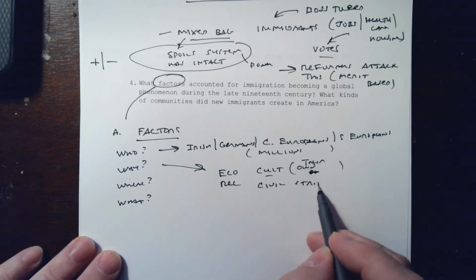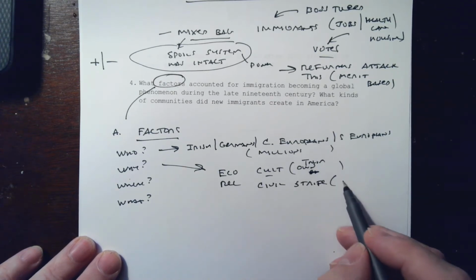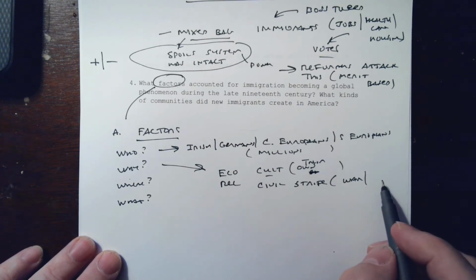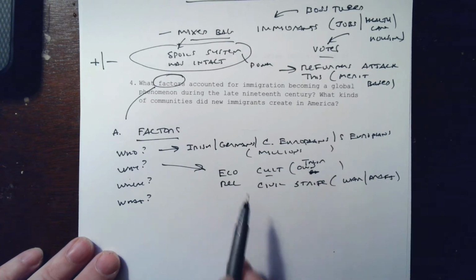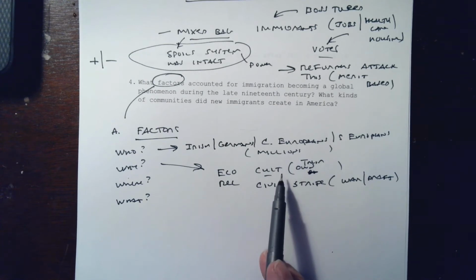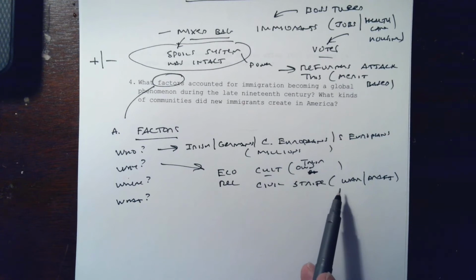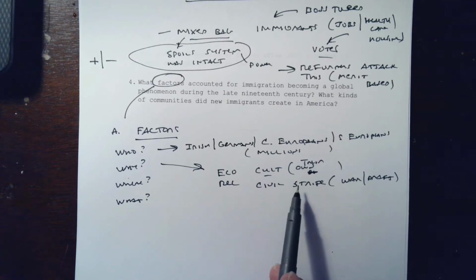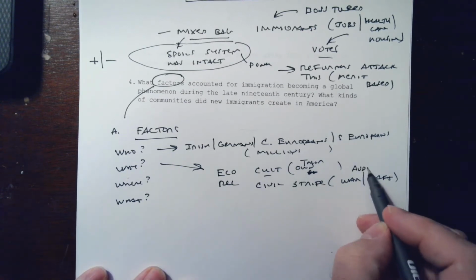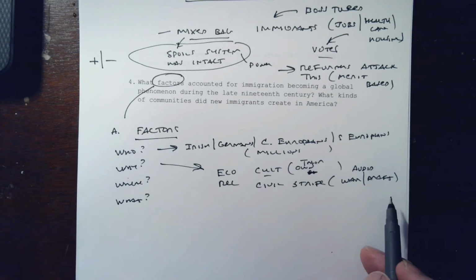Many of them were leaving places that were having war or civil strife, and they were avoiding the draft. All right, so jobs, religious persecution, seeking members of their own society, and civil strife in the old world. Right, again, this isn't civil strife in America. This is civil strife back where they're at. They're trying to avoid war, and they're also trying to avoid draft.